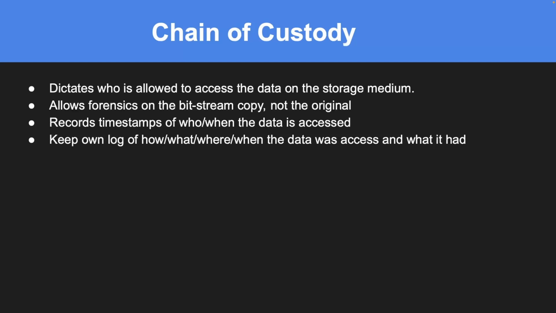And there's also an aspect of transfer and handling of the information in the chain of custody. This is controlled access that is meant to restrict evidence handling to only the authorized individuals that have been mentioned in the steps above.